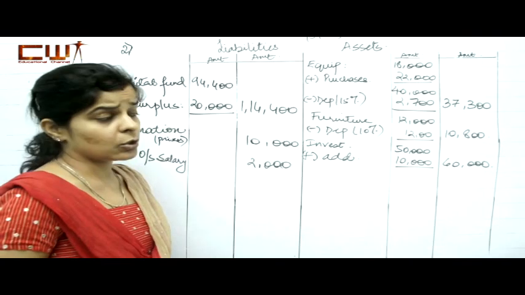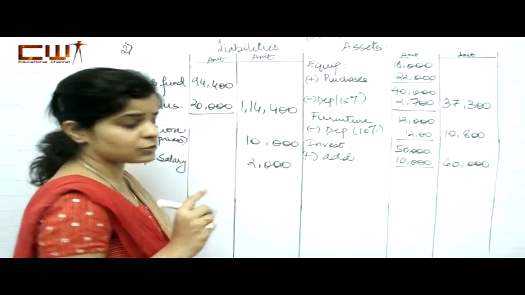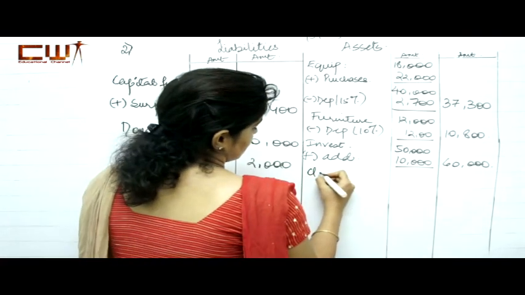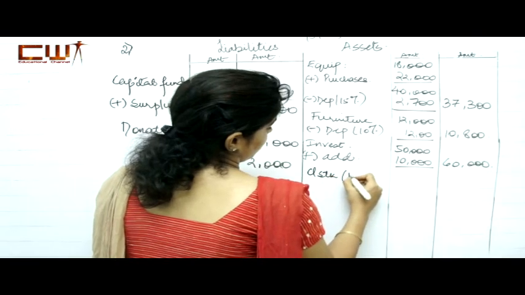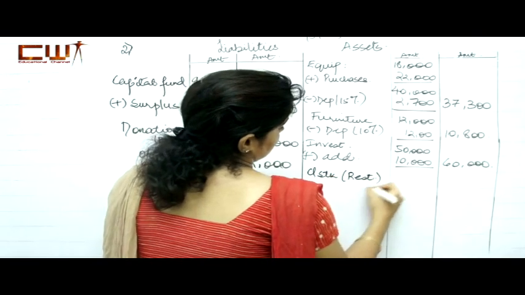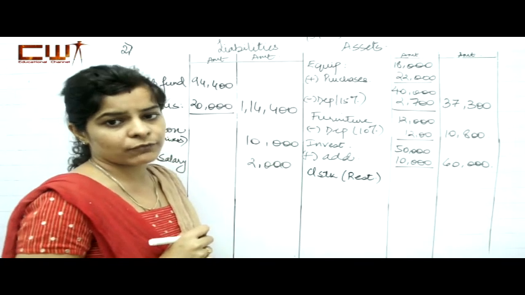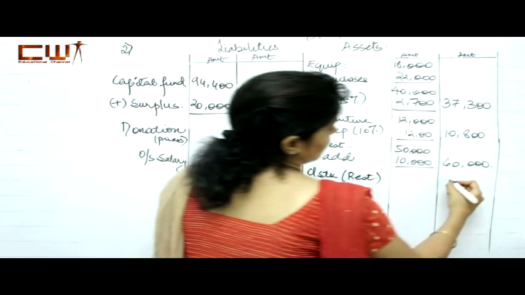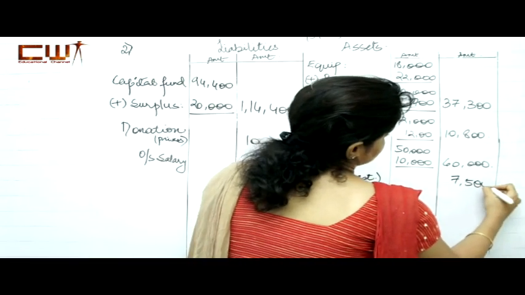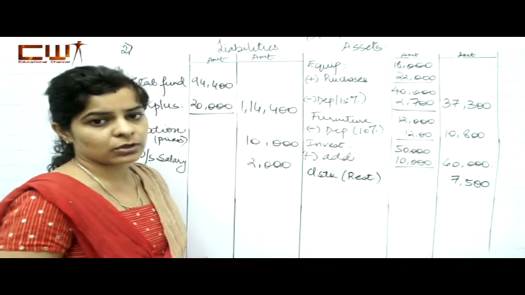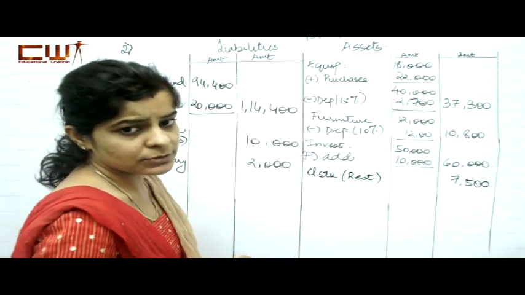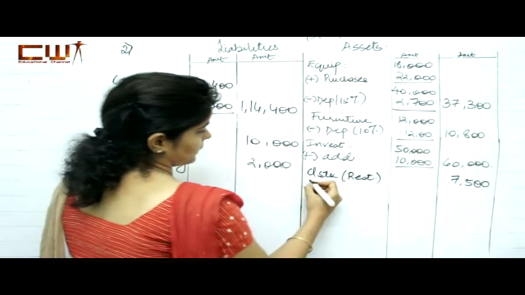Next will be the closing stock of the restaurant. How much is the closing stock for the restaurant? 7,500. Subscription receivable also will come.